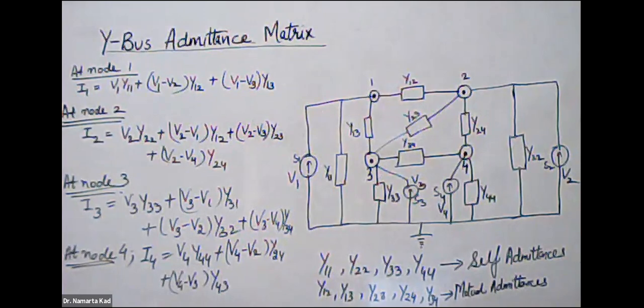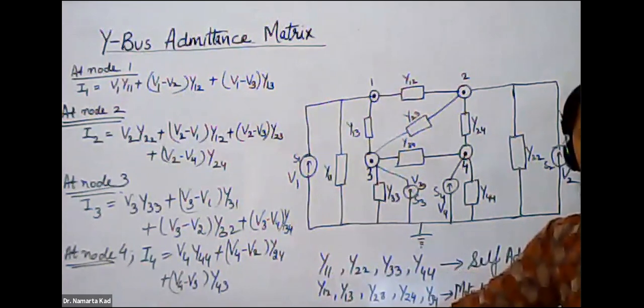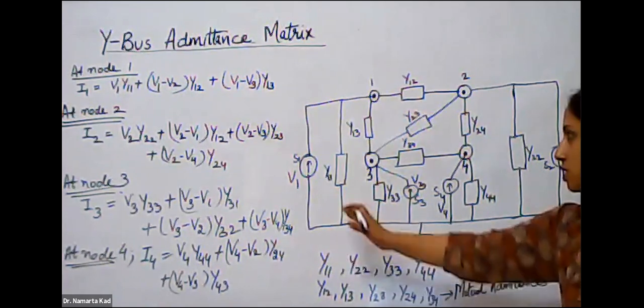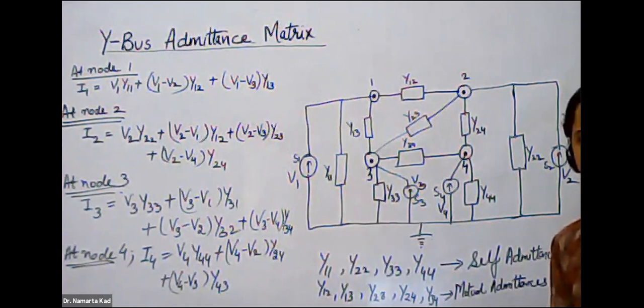Okay, and in the next step, we have to write these equations in the matrix form. So in the next step, we have to write the same equations in the matrix form.